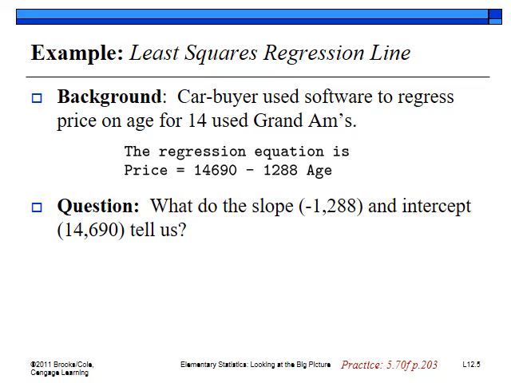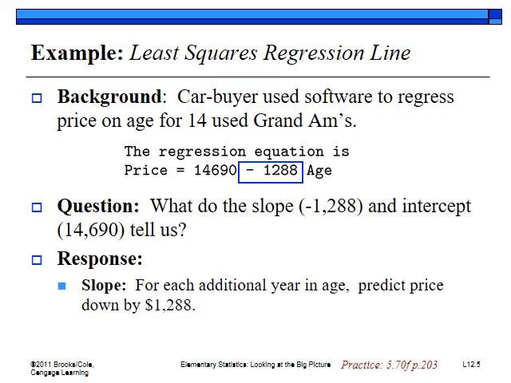Remember, the slope is the rise over the run of the line. So if we increase the x value, that is the age, by 1, we expect the y to change by whatever the slope is. So the slope of negative 1,288 is how much the price will drop for each 1 year increase in the age.